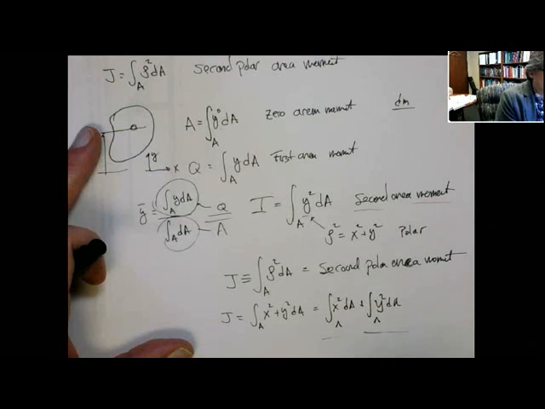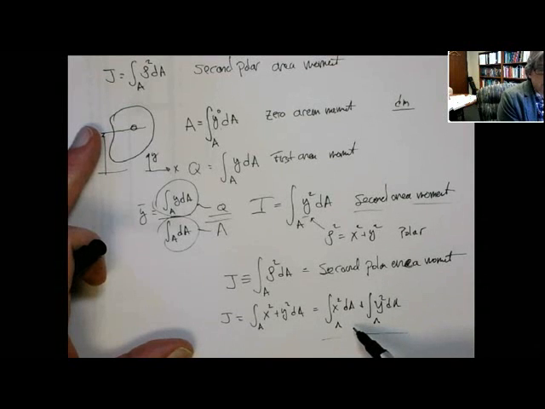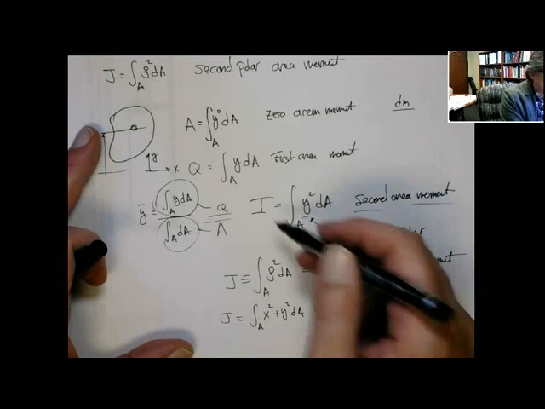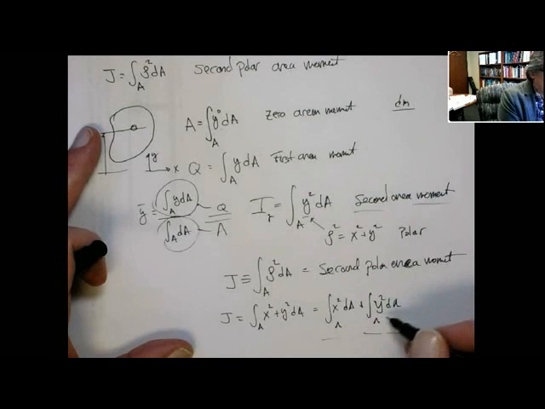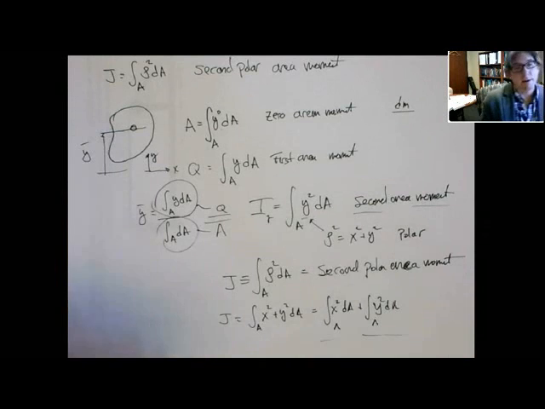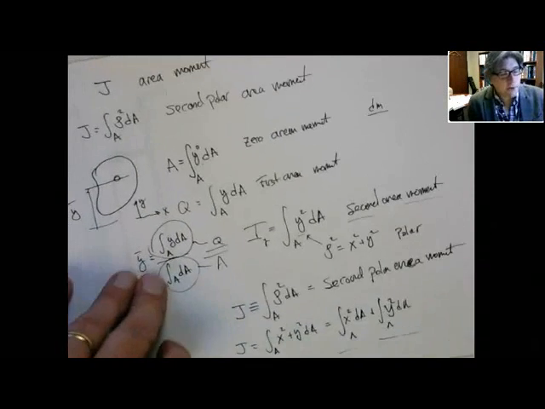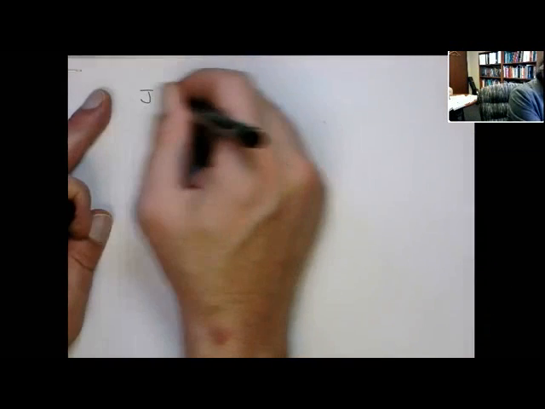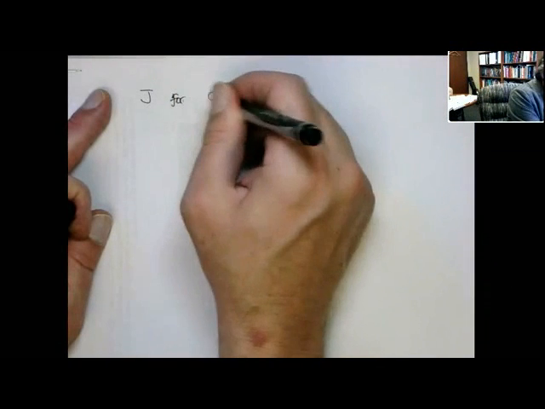These are the two Cartesian second area moments, I sub y and I sub x. That's where the name comes from. All right, so let's talk about computing it. You can compute it for a variety of geometries. Most often, in this case, we're going to be talking about J for circular cross sections.